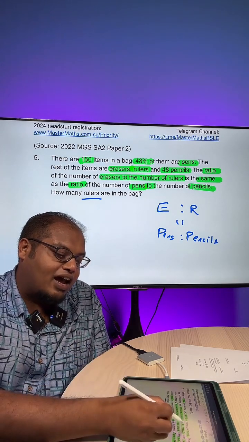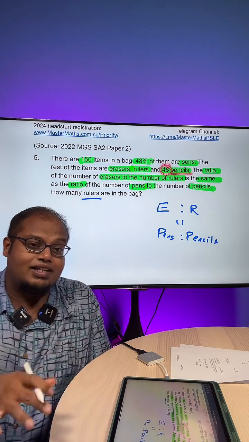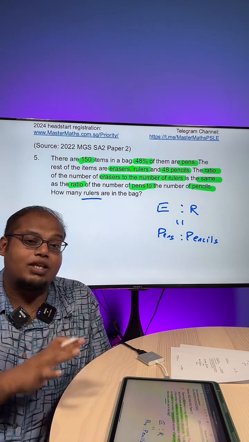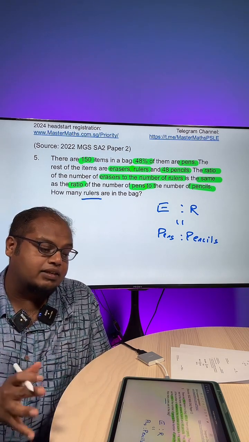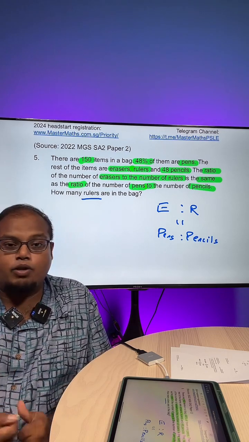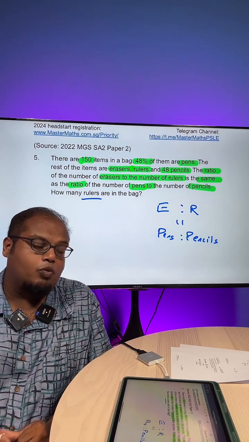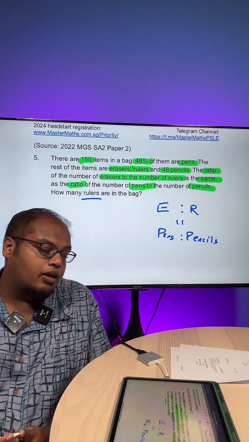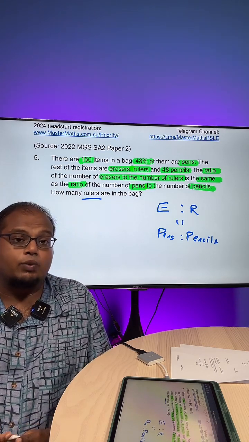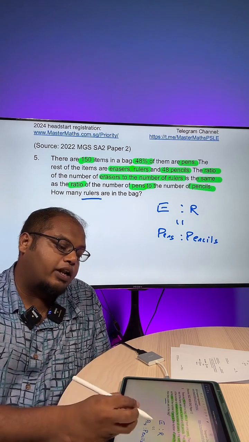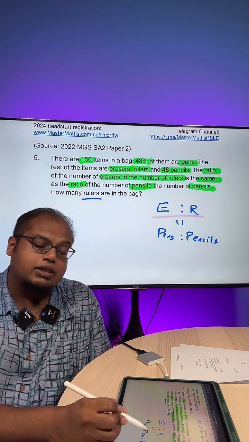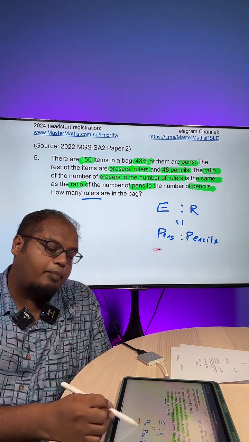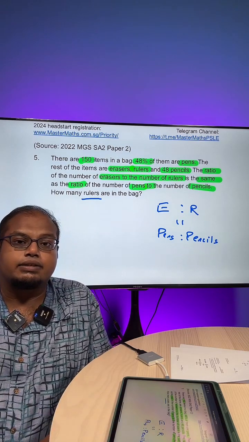And then after that, 48 pencils. This time it's not 48%, but it's 48 pencils. So we have a way to find the number of pens. We know the number of pencils. The only unknown there is the erasers and rulers. At the same time, we know that the ratio of erasers to rulers is equal to the ratio of pens to pencils.